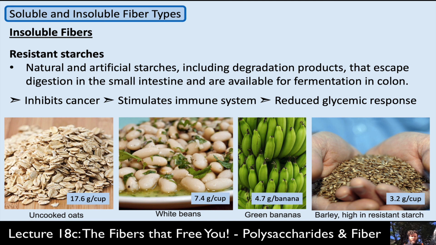Muesli is made from uncooked oats. White beans, green bananas, barley, all these foods are high in resistant starch. Uncooked oats is really high. This is one of the reasons muesli is such a healthy breakfast option.